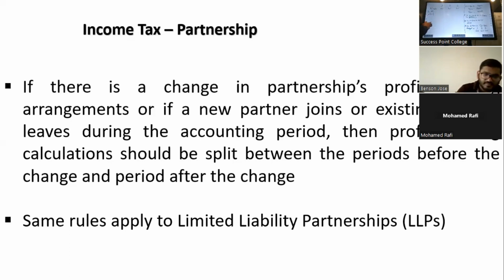Out of those 54,000, we will give 40% profit to Mr. A, 21,600, and 30% share to Mr. B, 16,200, and 16,200 to Mr. C. So these are the 9 months profits.